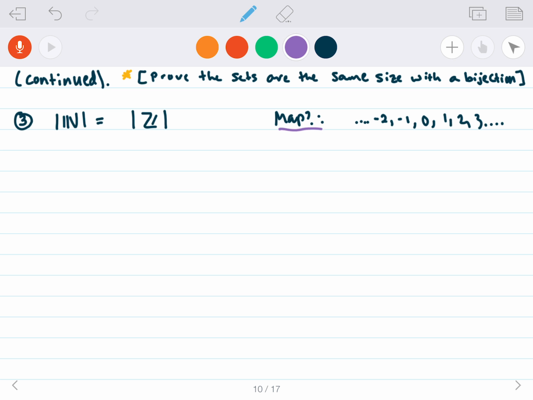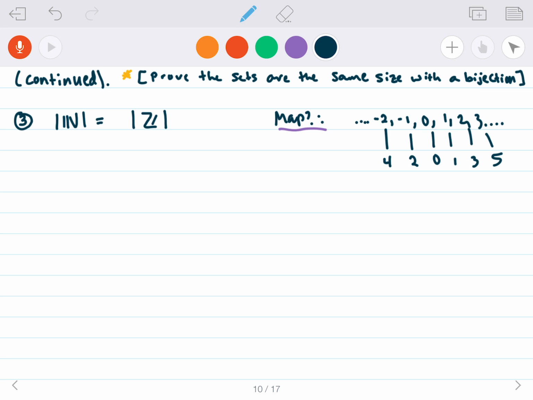I want a bijection here. Maybe I could send -2 to 4, -1 to 2, 0 to 0, 1 to 1, 2 to 3, 3 to 5. The idea, if you can see it, is that I'm mapping all of the negative integers to even natural numbers, I'm mapping 0 to itself, and then I'm mapping the positive integers to odd natural numbers.